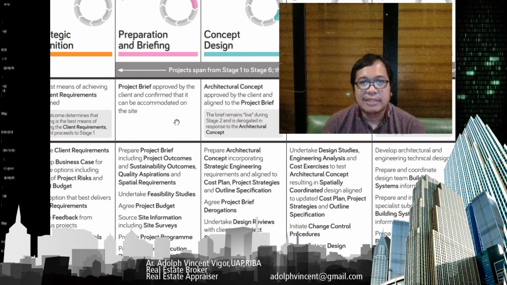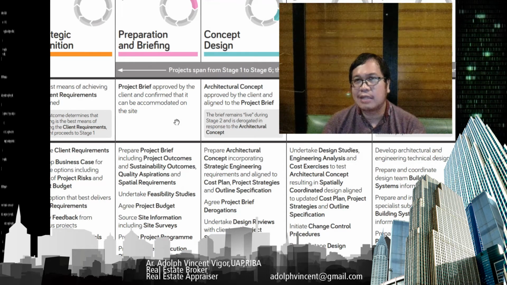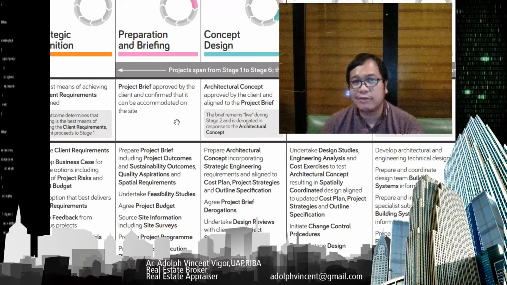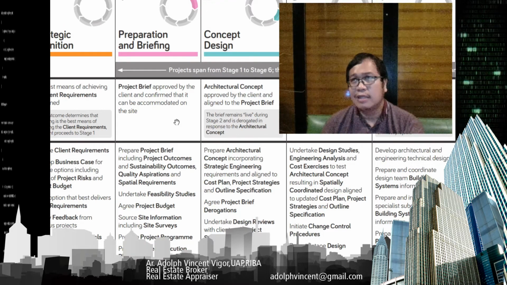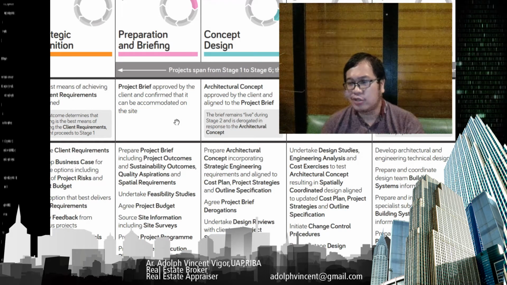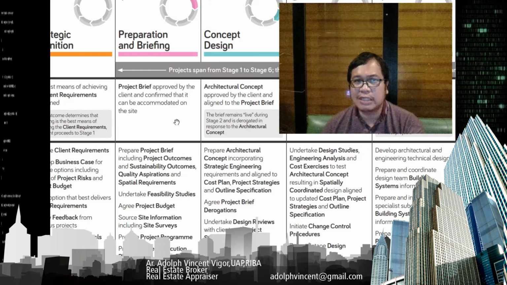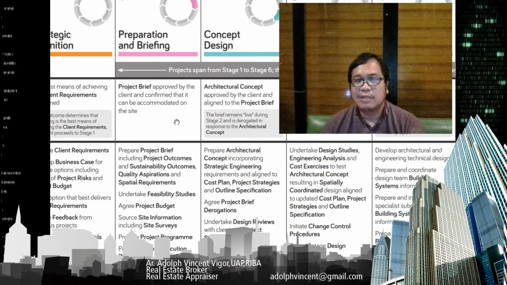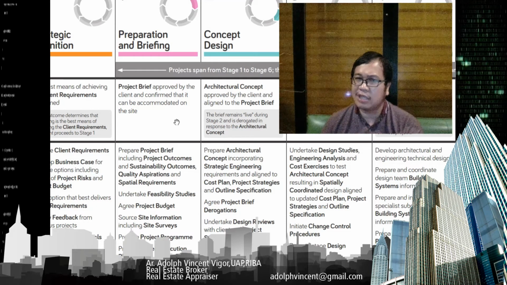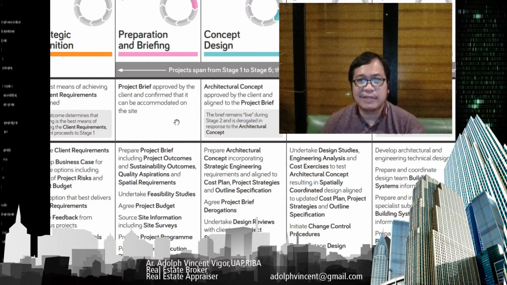For example, you could already determine that you could build a hotel on the site. When you prepare the project brief, it should mean that that particular project could be built there. At this stage you should already have an idea if that particular project fits the area.